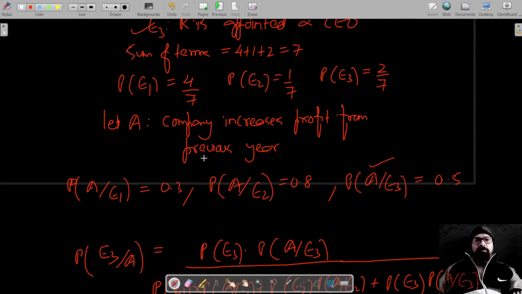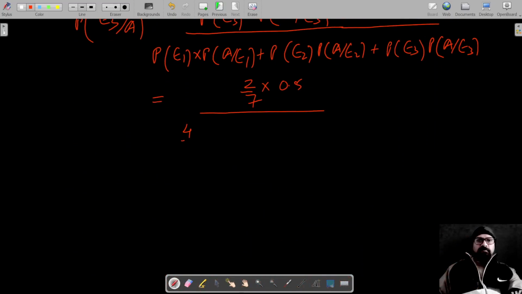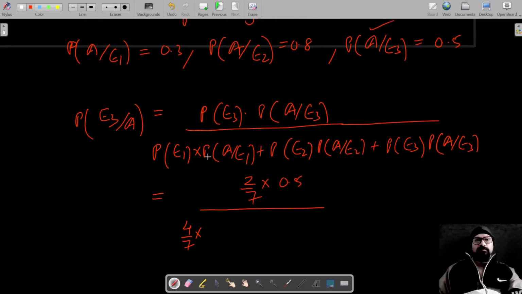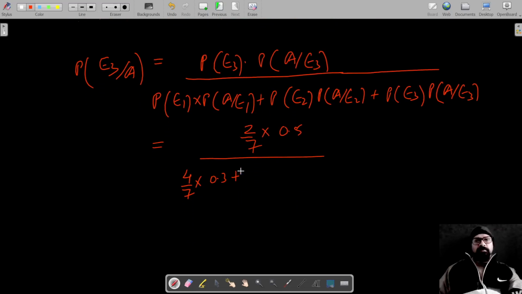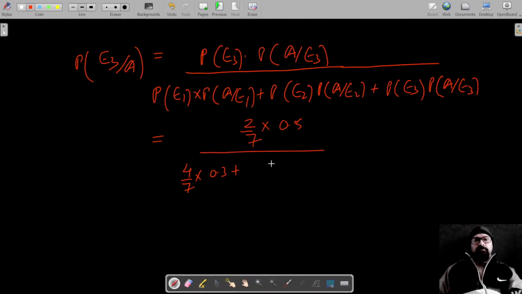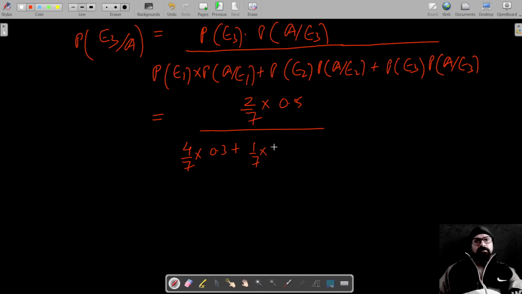And now this is the probability of E1, which is 4 by 7 into 0.3, plus 1 by 7 into 0.8, plus 2 by 7 into 0.5.